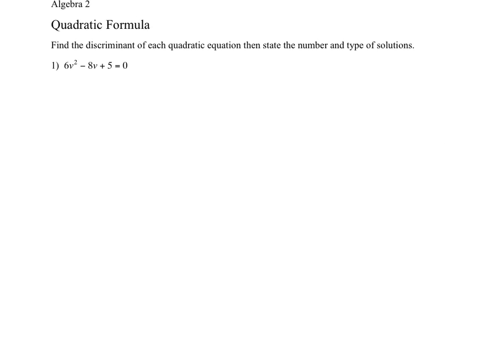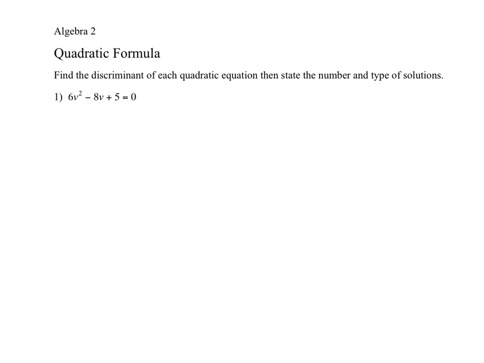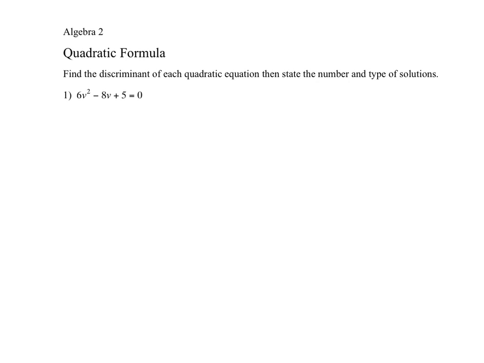So let's see this one. Find the discriminant of each equation, then state the number and type of solution. So first of all, I'm going to identify a equals 6, b equals negative 8, and c equals 5. It's important that I always have a 0 on one side. If I don't have a 0 there, I have to move it to the other side.